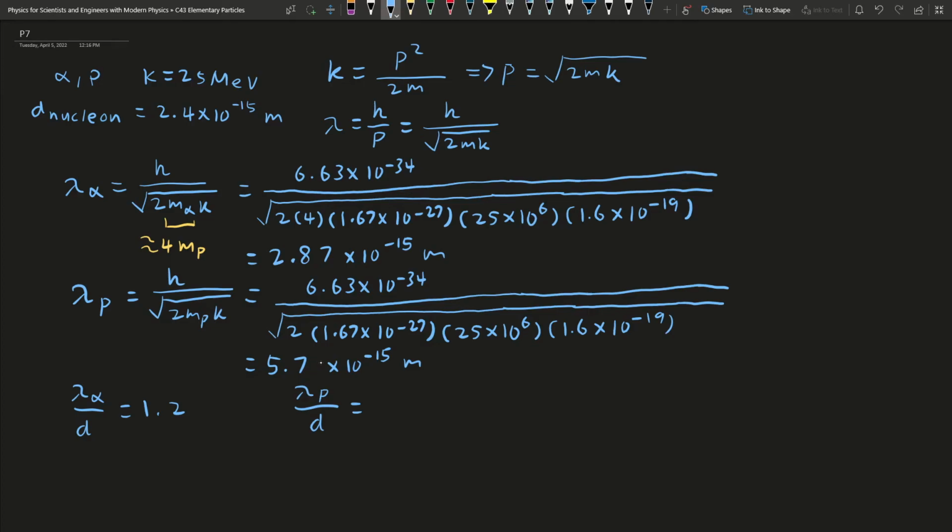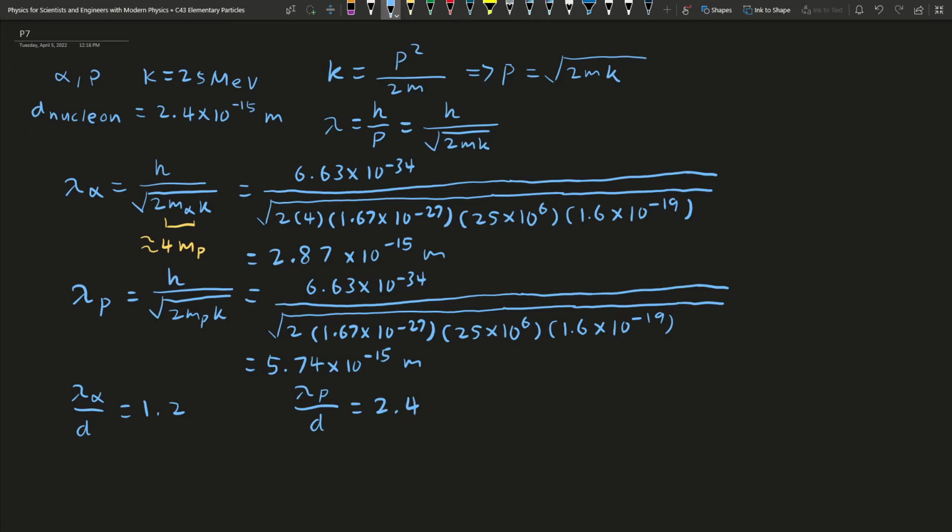This one should be rounded off. Here I get 2.4.